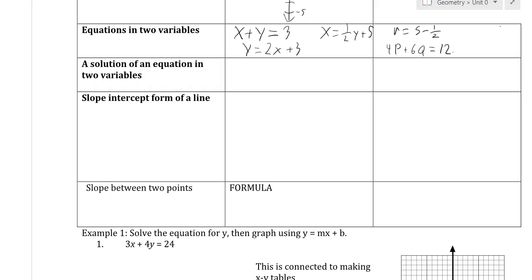A solution of an equation in 2 variables is any pair of numbers that makes the equation true.